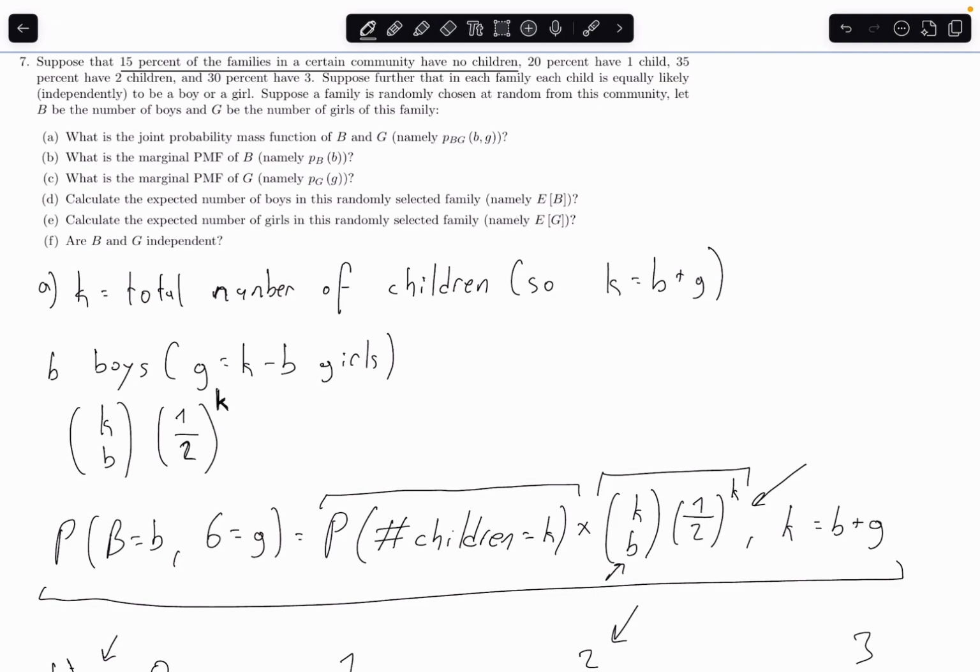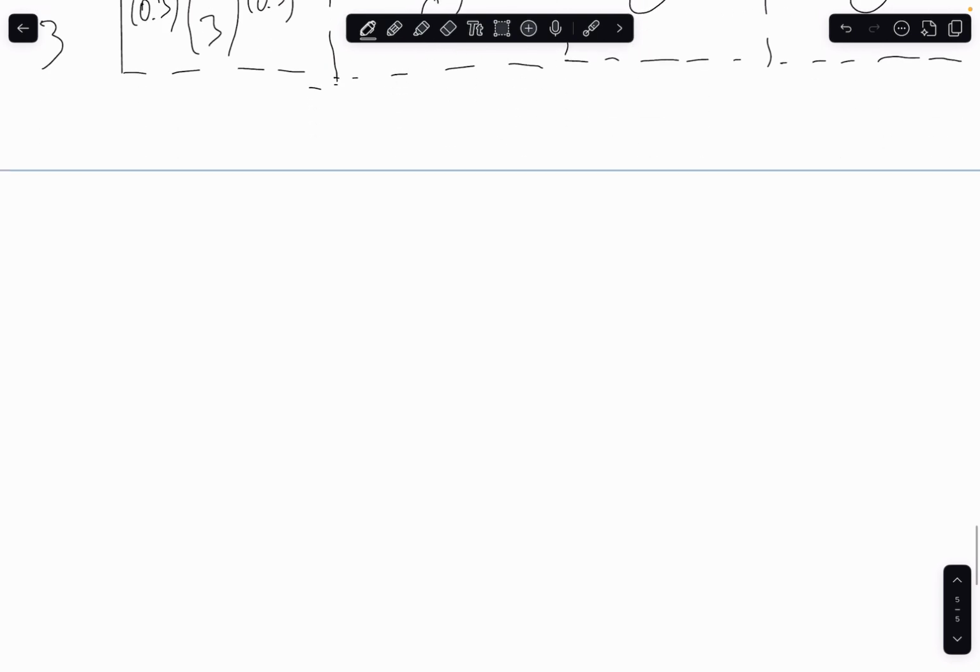Part B. What's the marginal PMF of B, boys? To find this, we need to write the marginal PMF of boys. And actually, let's write it over a table.